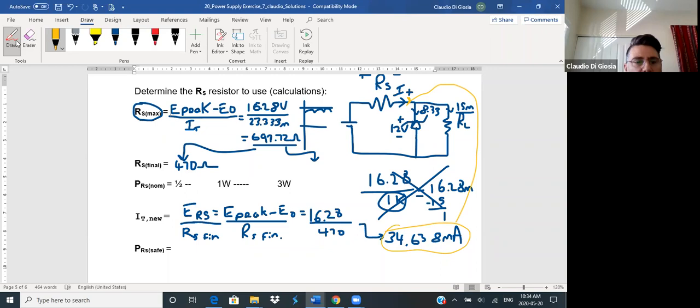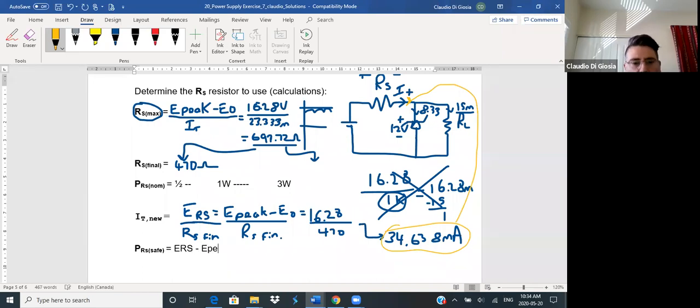So one last thing to do is figure out, well, I have the resistor value, but based on the amount of current going through, how much power will it dissipate? And I want to make sure I choose the right wattage. So this again is also the voltage ERS. And what is ERS?